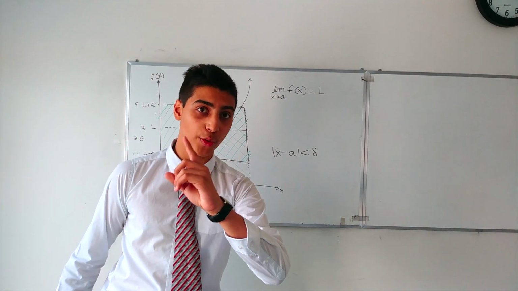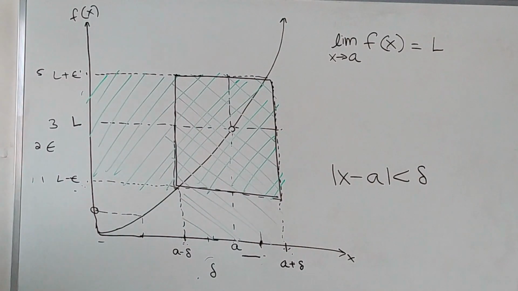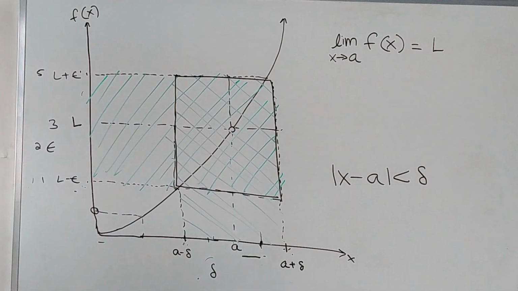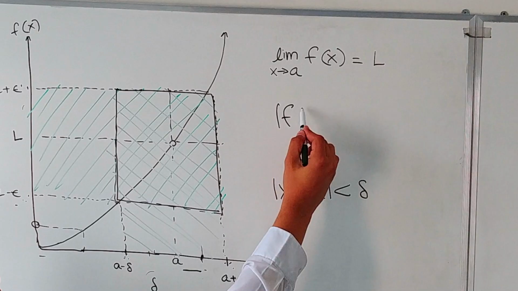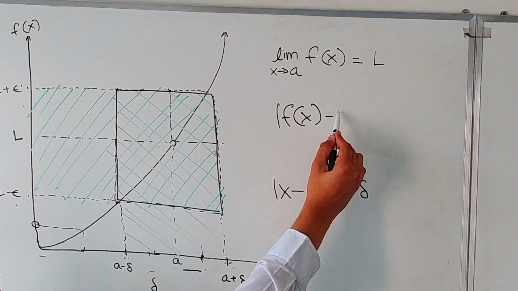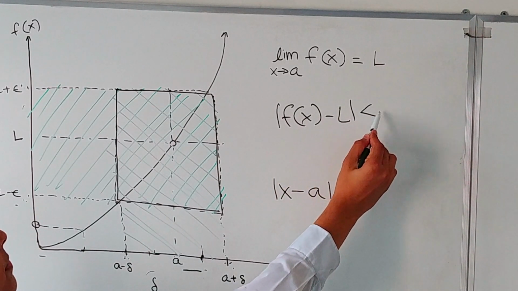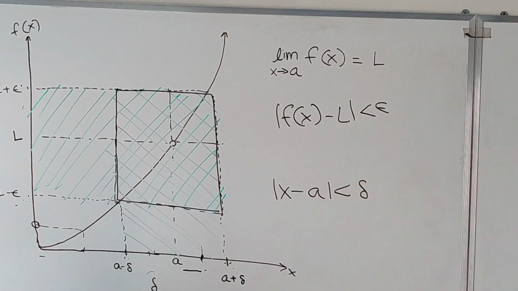Voila. But we are not done, because now what we have to do is restrict f of x. Or not really restrict it, but we have to be given the information that, see, we want this value of epsilon, so calculate the value of delta. So what we have to do is, once again, the exact same thing. The absolute value of f of x minus L must be less than epsilon.